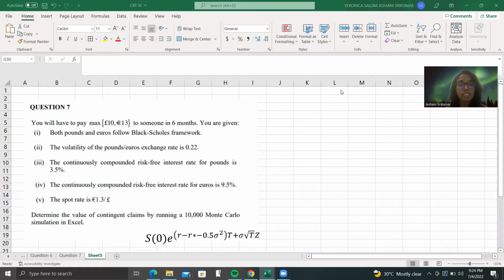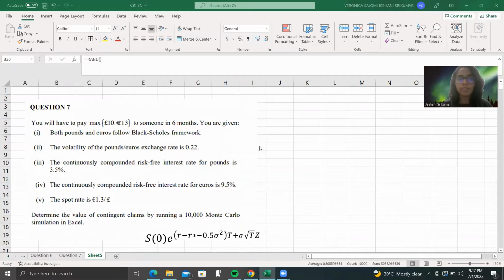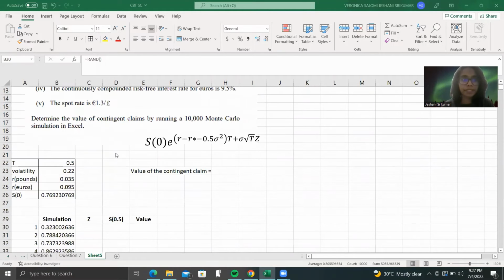The continuously compounded risk-free interest rate for the pound is 3.5%, and for the euro is 9.5%, and the spot rate is 1.3 euros per pound. The question is to determine the value of the contingent claim by running a 10,000 Monte Carlo simulation in Excel. What we can first do is list down everything that we know from the question.